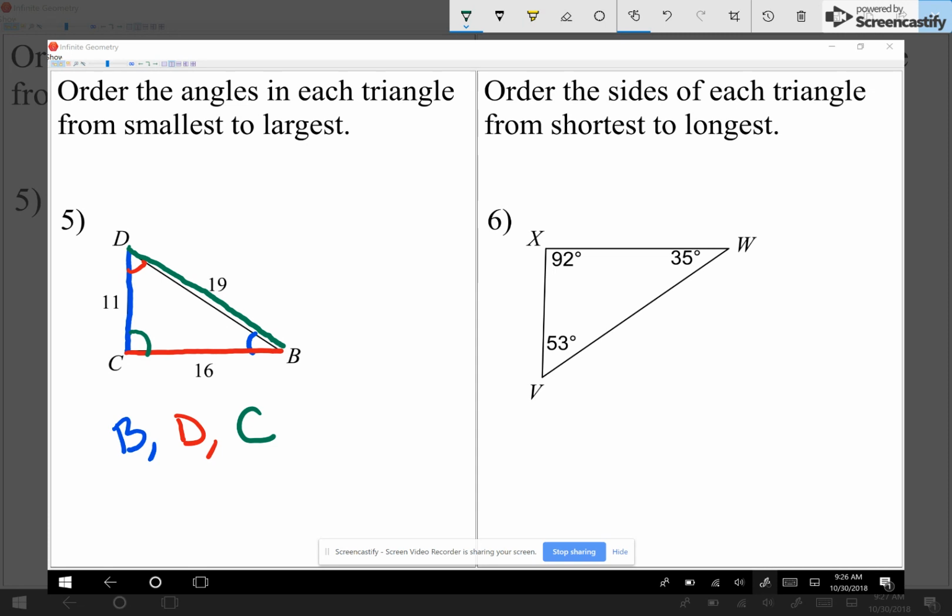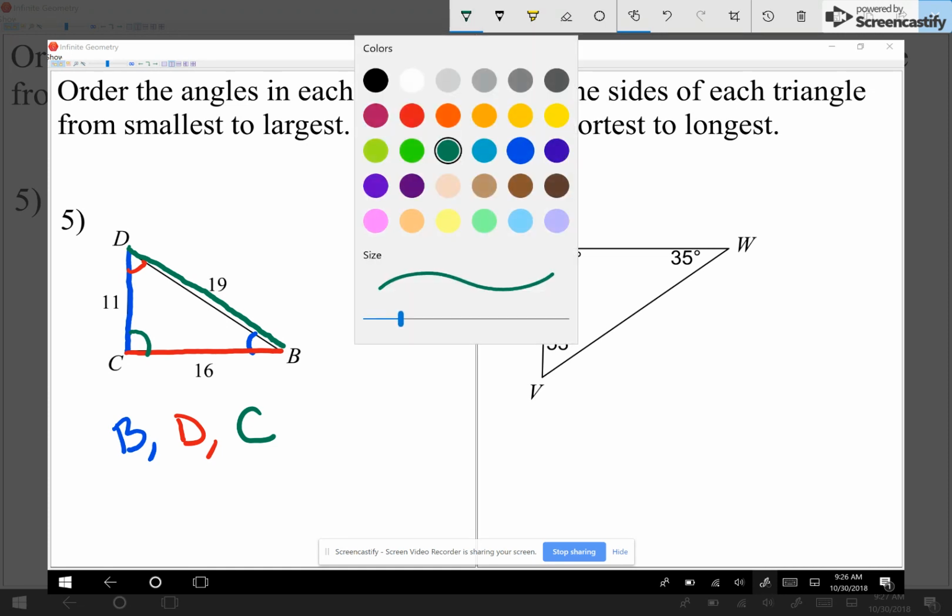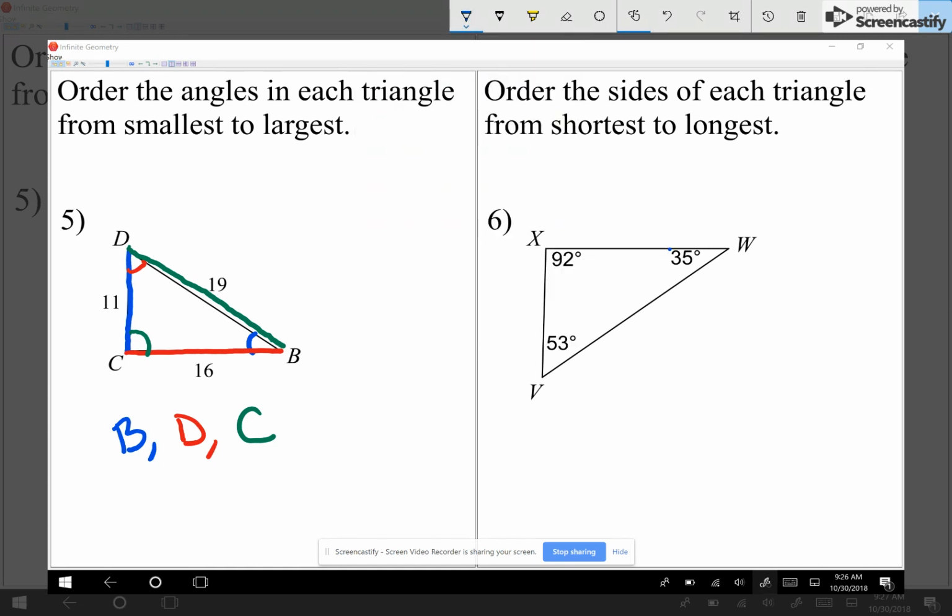Now, in question number 6, I'm given the angles, and I'm asked to order the sides of each triangle from shortest to longest. The smallest angle in this case is 35. It is opposite from this side. When we name a side, we have to mention the two letters that make the side. The order does not matter. I'm going to go XV. I could have gone VX, so XV or VX. Make sure they're both capital.